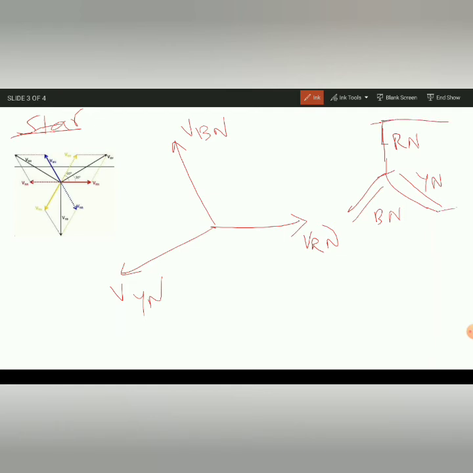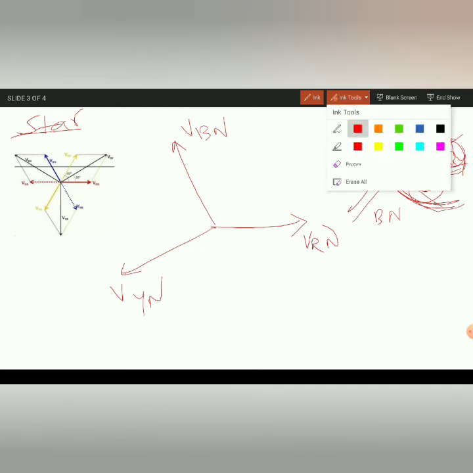Now we want to find out the line voltage. See here, this is the line voltage. So what is the line voltage? Vry. Between R and Y we get a line voltage. So how to find out? Let me draw it clearly.